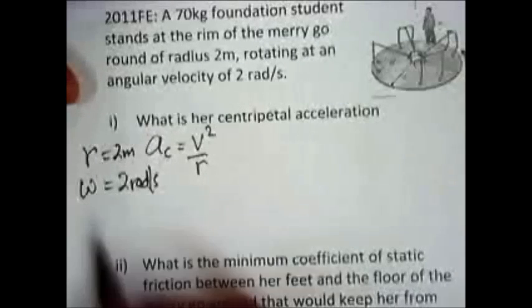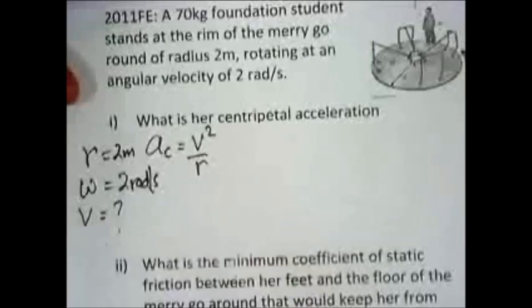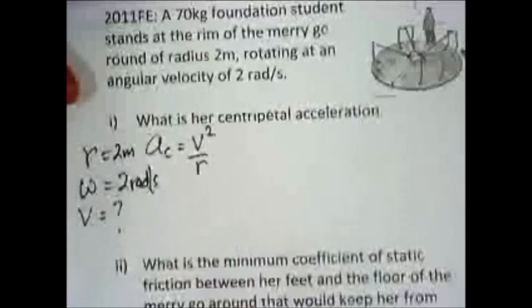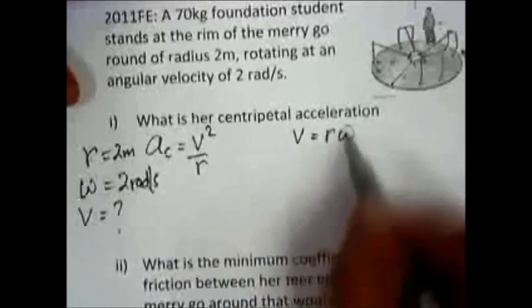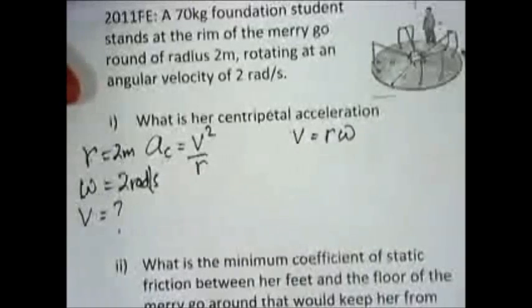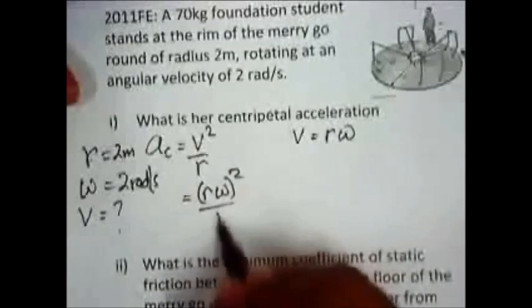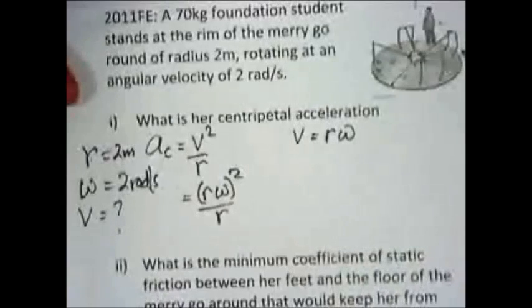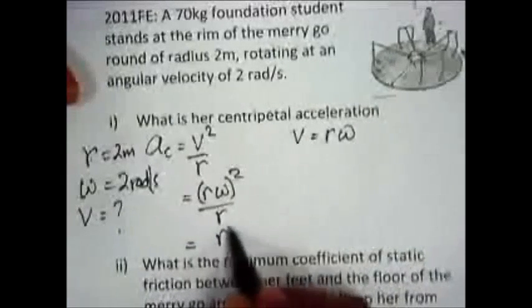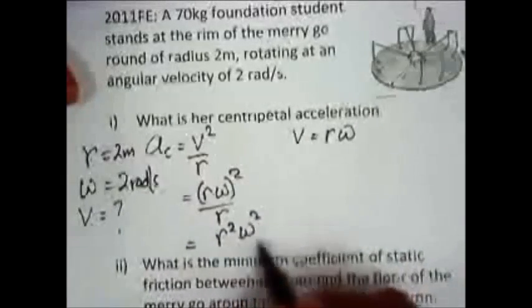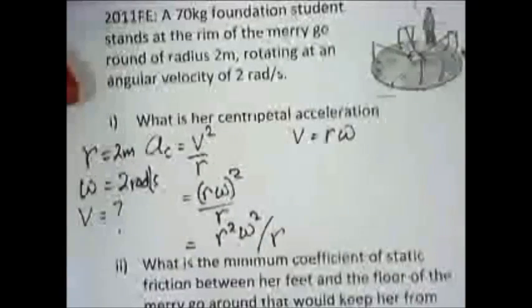Either you can find your velocity first using r and omega, or you can just say v is equal to r omega, so your formula becomes r omega squared over r, which becomes r squared omega squared divided by r.